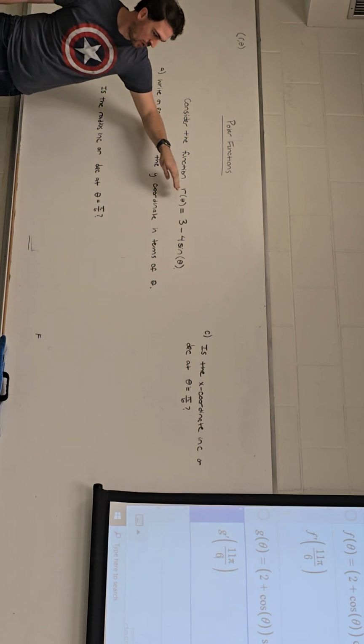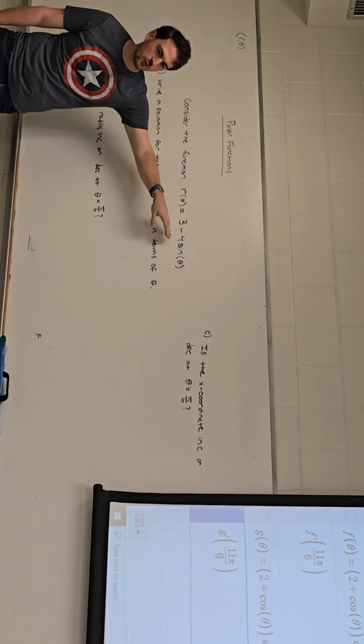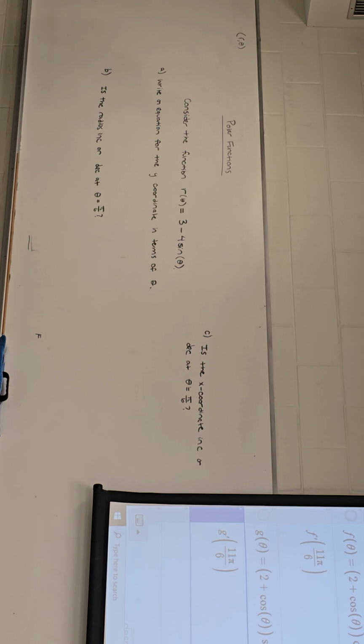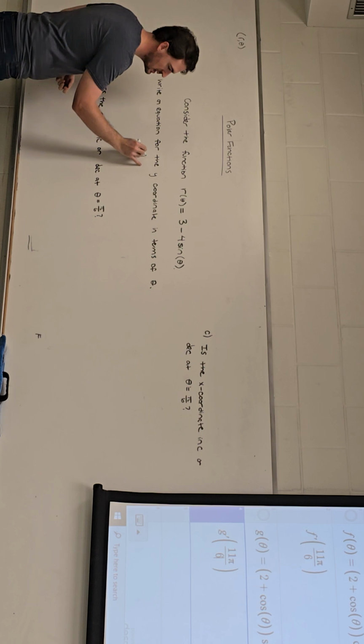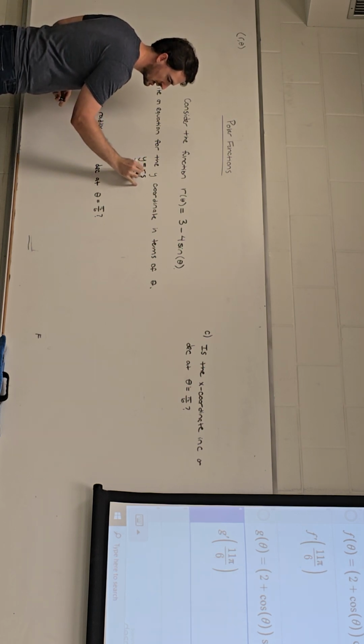Consider the function r of theta equals 3 minus 4 sine theta. Write an equation for the y-coordinate in terms of theta. All we have to remember is y equals r sine theta.